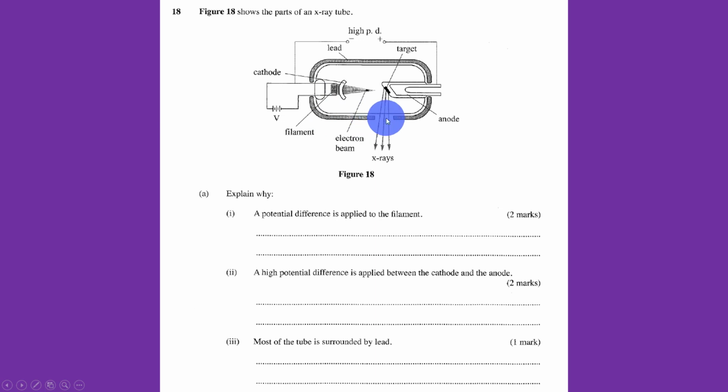It also makes sure that the patient is not exposed to high doses of X-rays. So it's only this part which is put under this window that gets exposed to X-rays. Otherwise, the rest of the body of the patient will not suffer any overexposure to X-rays.